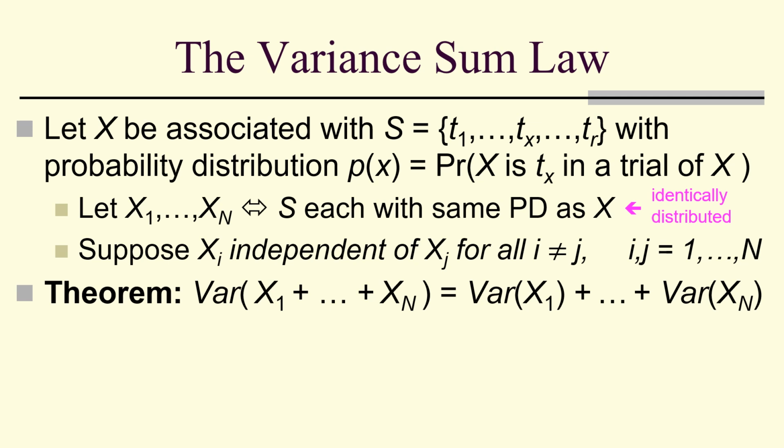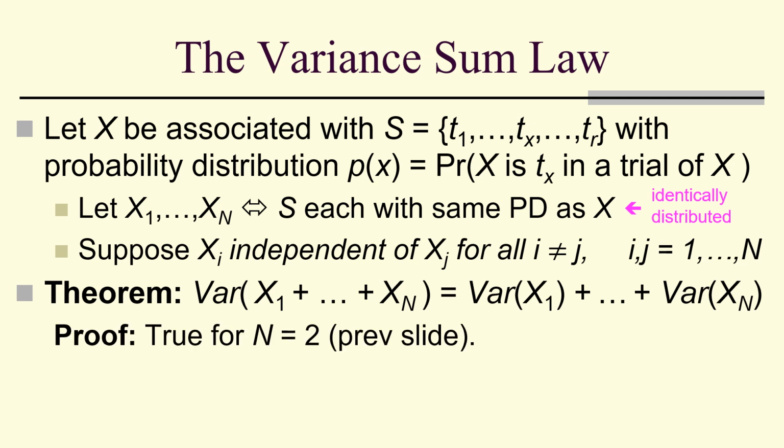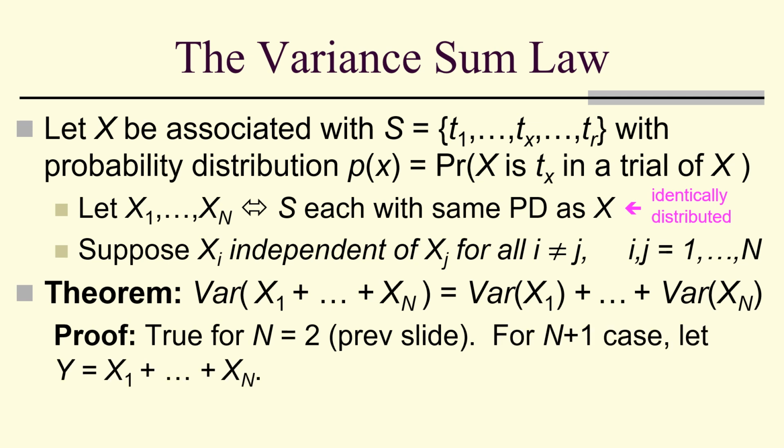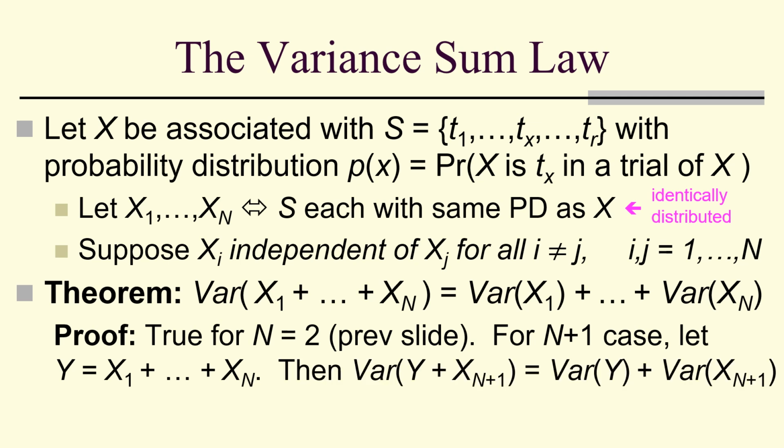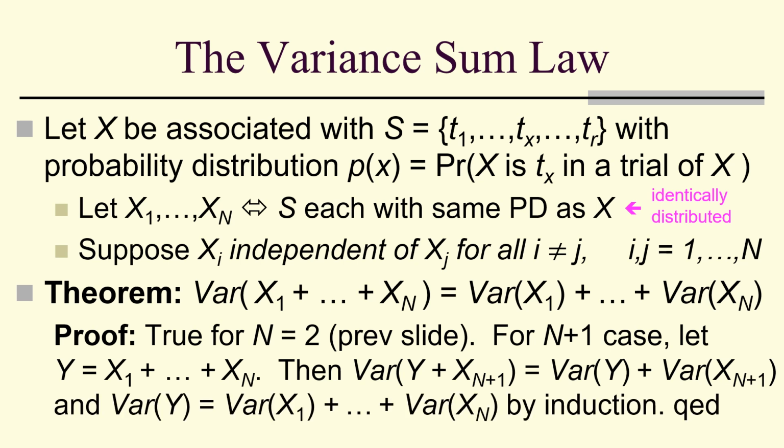The variance of the sum is the sum of the variances. Let's prove it. It's true for n equals 2. We showed that on the last slide. But for the n plus 1 case, we let y be x1 to xn, summed together. Then the variance of y plus x n plus 1 is, by our previous slide, the variance of y plus the variance of x n plus 1. But by our induction hypothesis, the variance of y is the sum of the variances, proving the theorem.